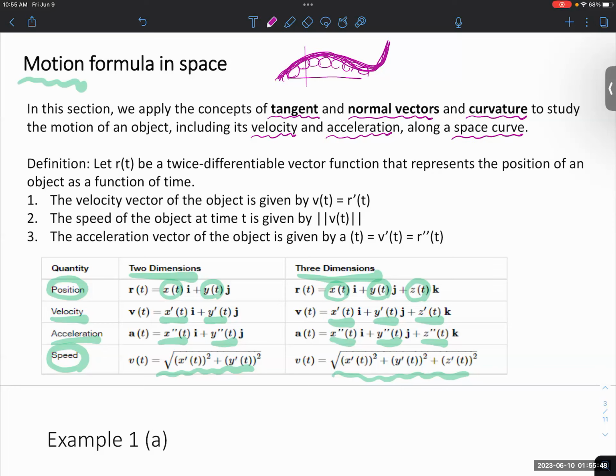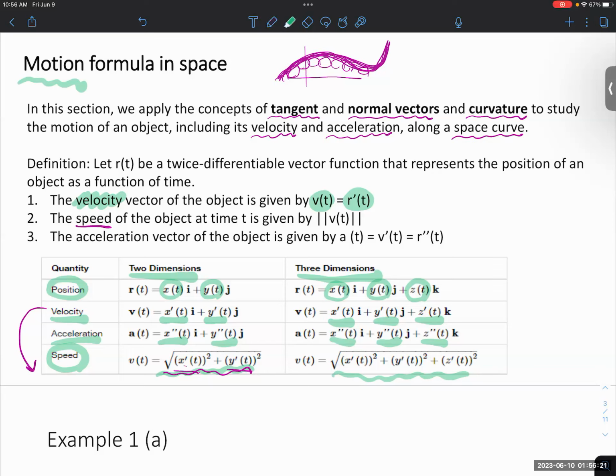If you take the derivative of the r vector, that gives the velocity. Actually, I have a little bit of a typo here. For the vector magnitude, once you find the velocity, you square the components, add them, and put the radical; that's the speed.